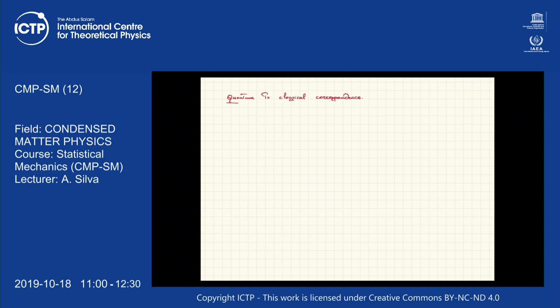Now, the quantum to classical correspondence essentially means the following, that there is a correspondence, and it's very precise, and we will make it in a second, between d-1 models in quantum mechanics and d+1 models in classical stat mech.